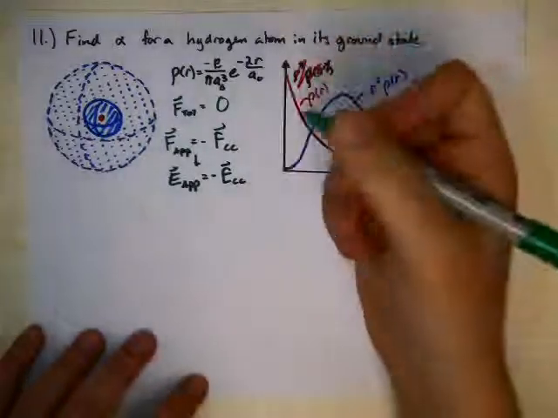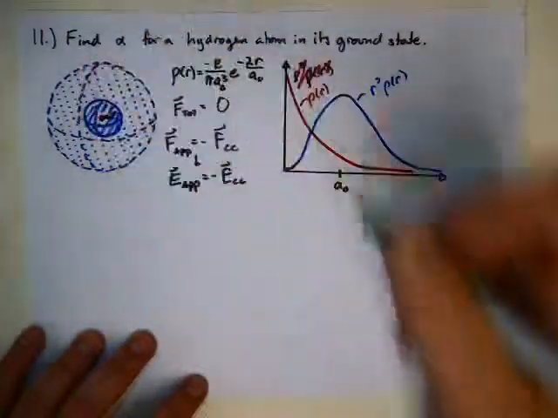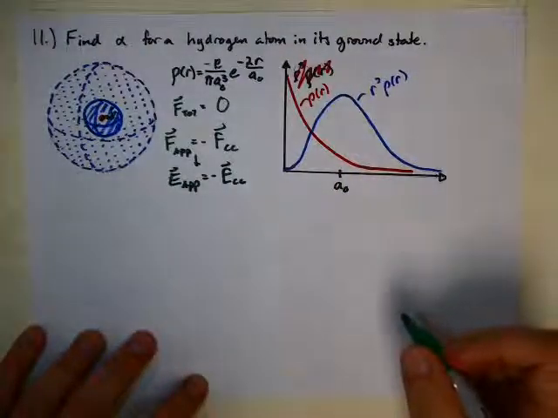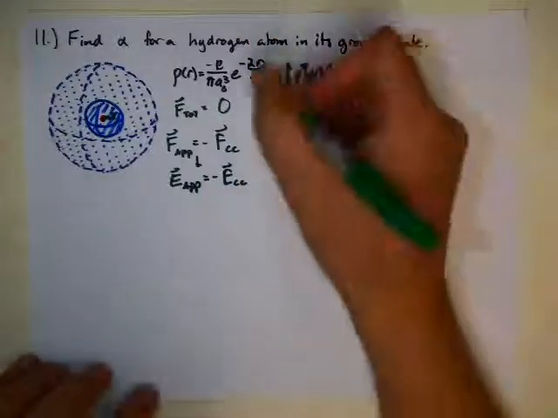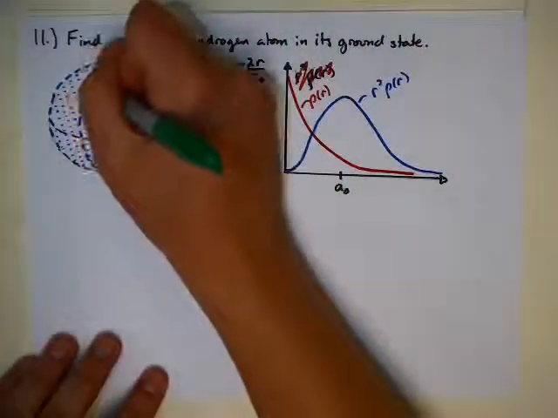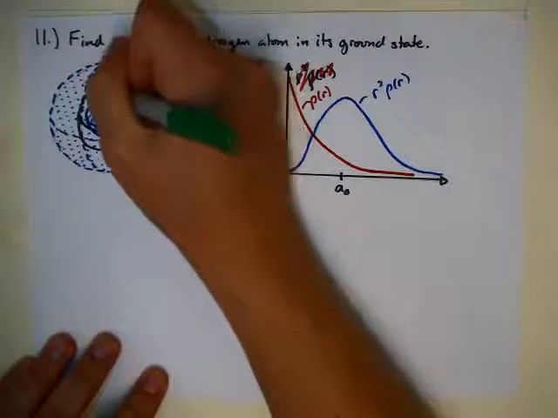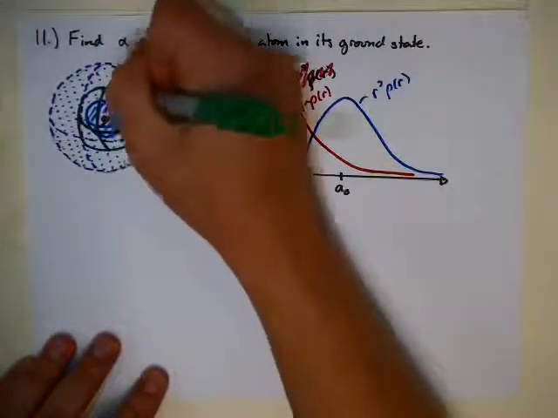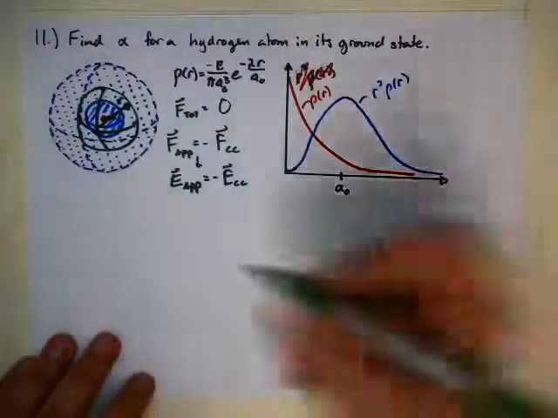Now we need to find the electric field from the charge cloud for some separation distance d. To do that, we're going to use the fact that we have a spherically symmetric distribution, and we're going to use Gauss's law. So we draw a sphere at some radius r, and then we apply Gauss's law.